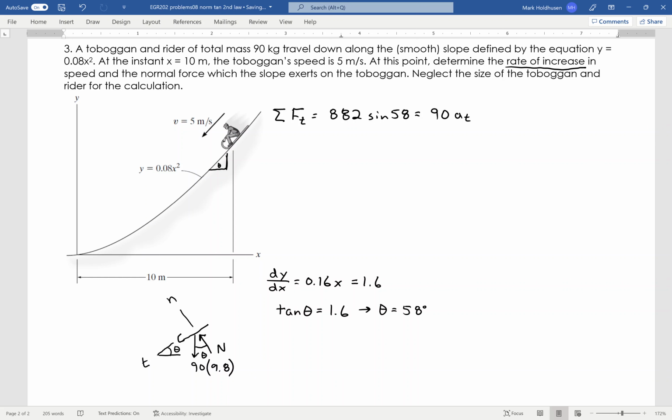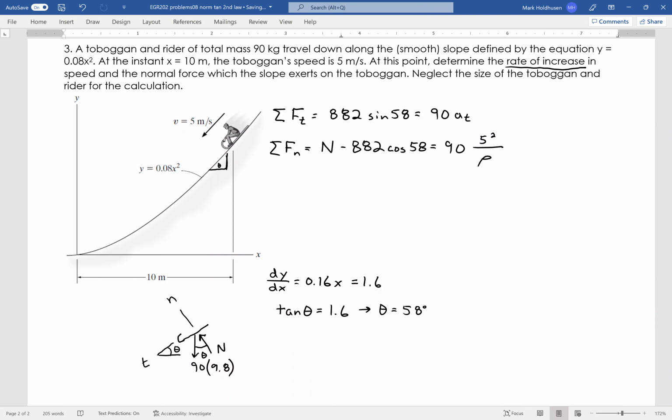Go ahead and do the same thing in the normal direction, where I'm going to get the normal force that I'm trying to find minus 882 cosine of 58. That's going to equal the mass times the normal acceleration, which is 90 times v squared, given to us as 5 squared, all over rho.